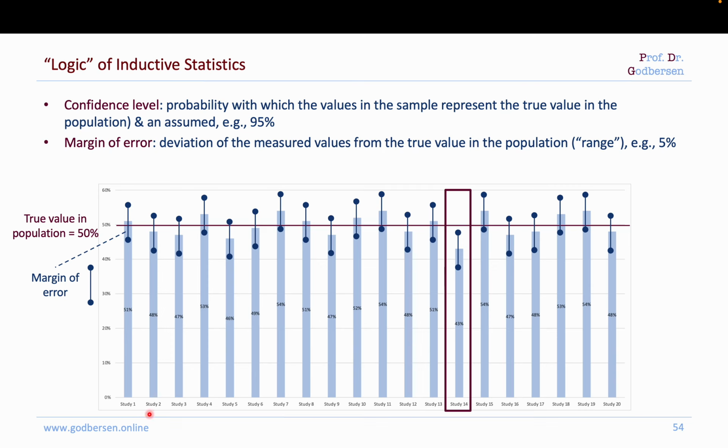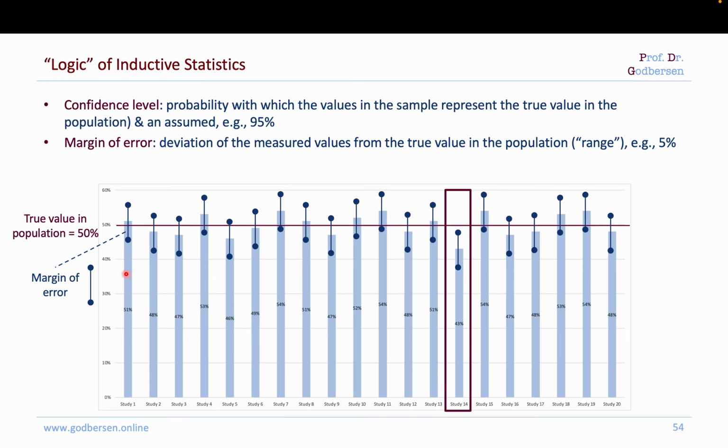Assume we do our study 20 times. So we throw a questionnaire out 20 times. And let's assume the true value in the population is 50%. For whatever question we're having, what party would you vote for, or something like this. 50% would say, yes, I vote for this party, and 50% would say, no, I do not vote for this party.